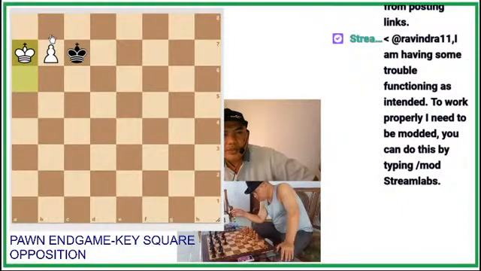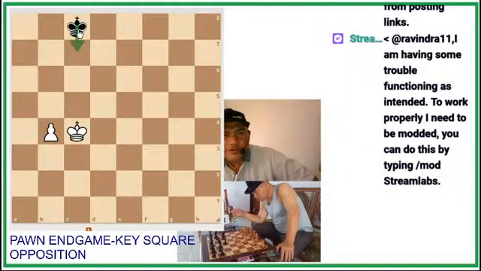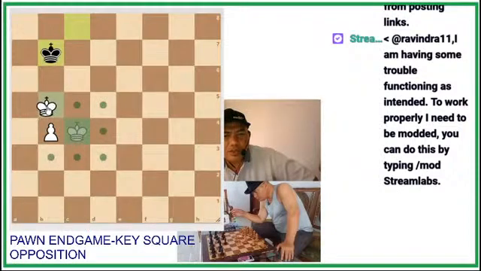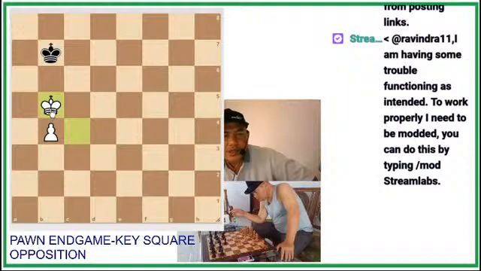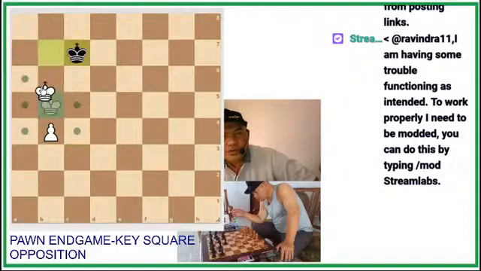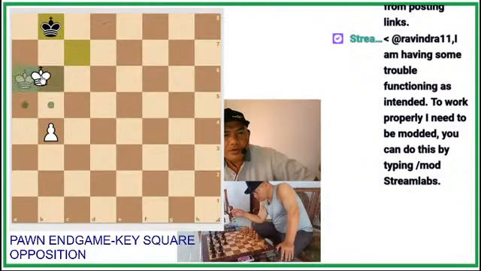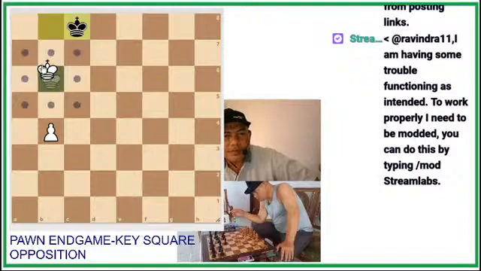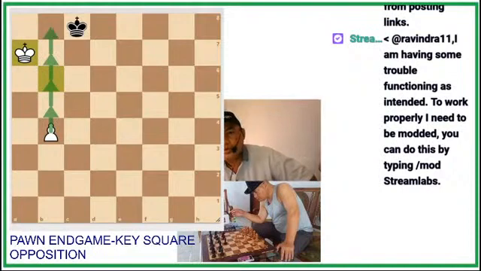And make a queen here. So if white goes here, then if black goes to b7, then white can go to b5. And still white has the opposition. And this is a win for white. And the pawn is ready to promote.